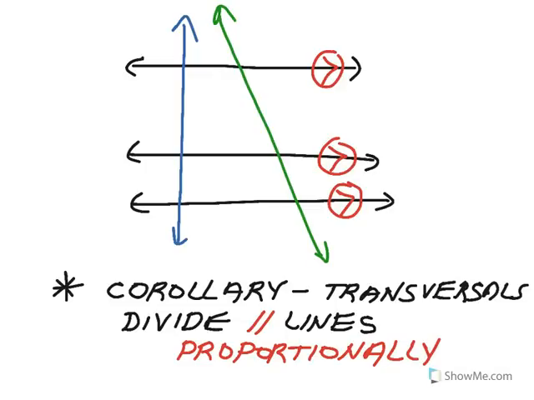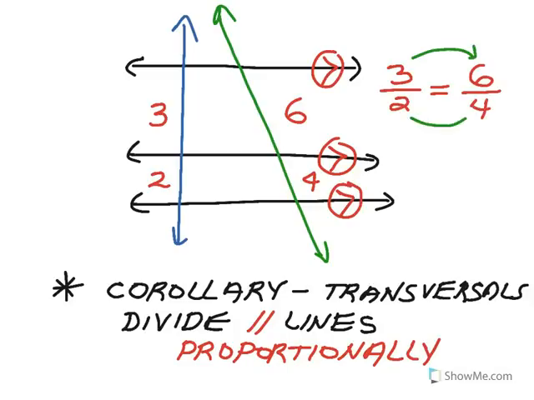So as an example, if this piece here on the blue transversal is 3 and this piece is 2, and even though this isn't drawn to scale, if on the green transversal this piece was 6, then the piece over here would be 4. So I would have 3 is to 2 as 6 is to 4. These would be proportional. And of course, looking at it horizontally, 3 is to 6 as 2 is to 4. So those transversals are divided proportionally.